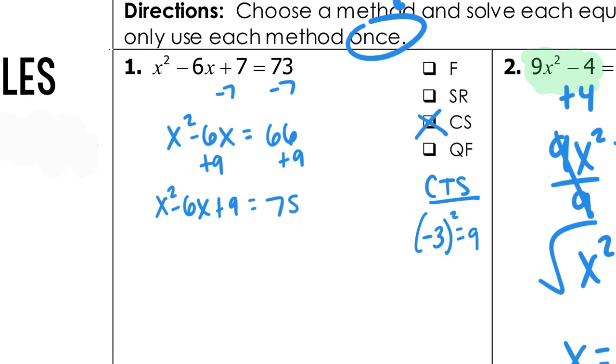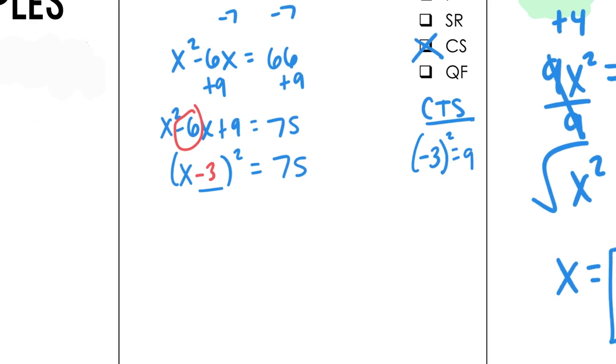Factor the left side. Remember, whenever we complete the square, it's going to be the same factor twice. So your setup is like this. This number is always half of this b value. So it's negative 3. Then just solve for x. So get rid of the squared. X minus 3 equals plus or minus the square root of 75, I'm going to approximate.